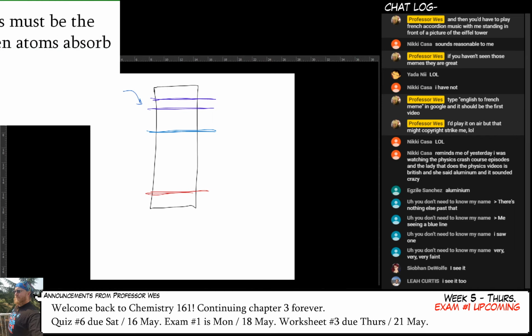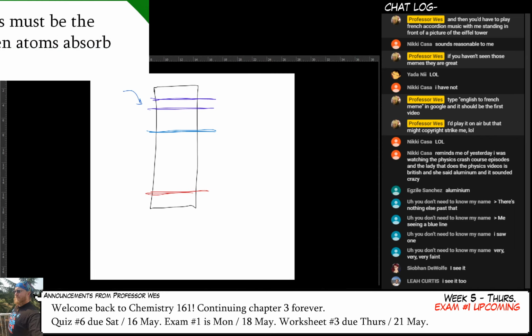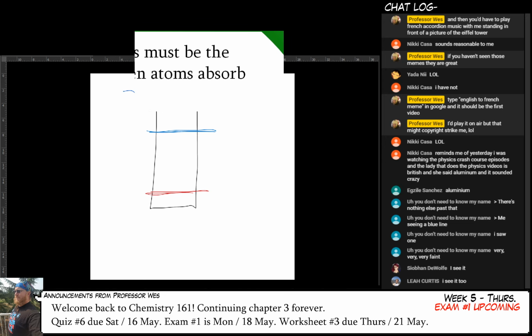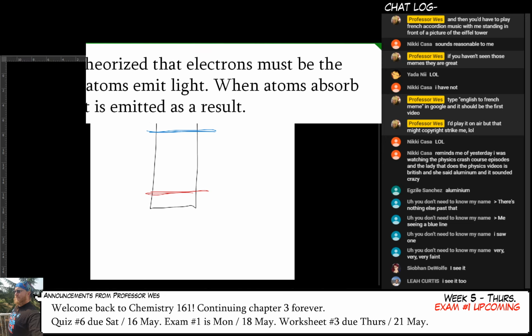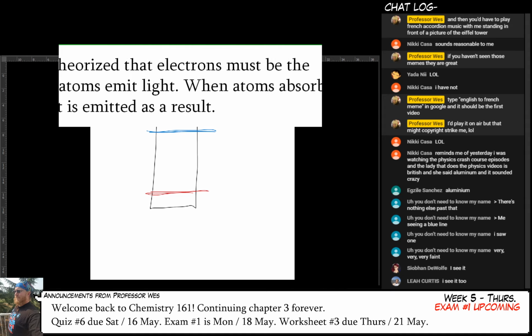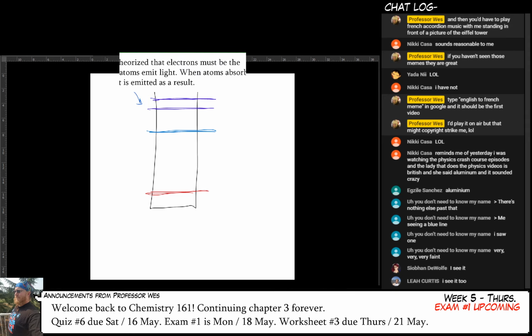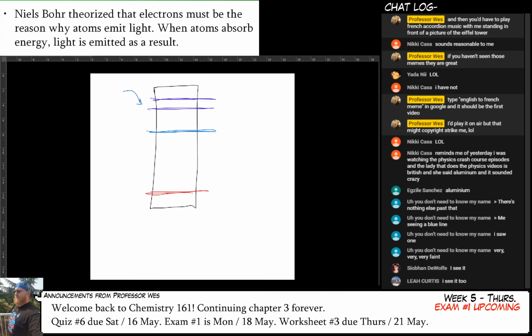We're going to go back to this screen here, and I do want to put the statement on here because this is important. I have to make it smaller for just a second. All right. This is what Niels Bohr thought. Niels Bohr said the following. Let's suppose that this diagram that we're seeing down here is the nucleus.